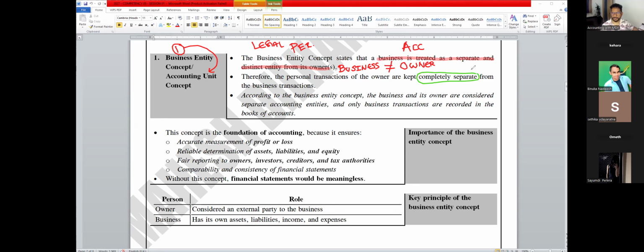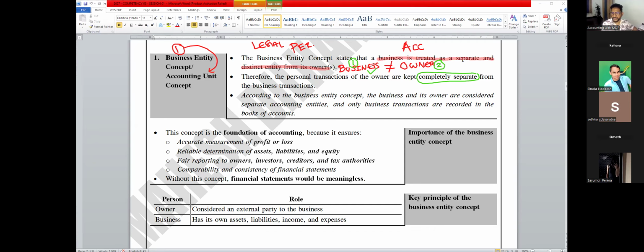Okay, good. Next. According to the business entity concept, the business and its owner are considered separate accounting entities, and something very important. Now listen. Here there are two parties. There is the business, and we have the owners. So in accounting, which perspective do we use? We always use the business's perspective.